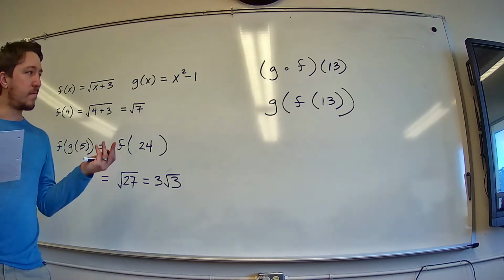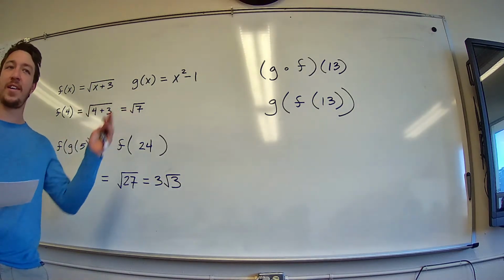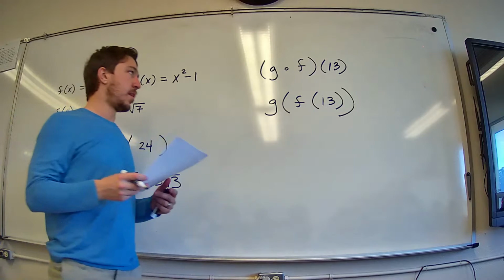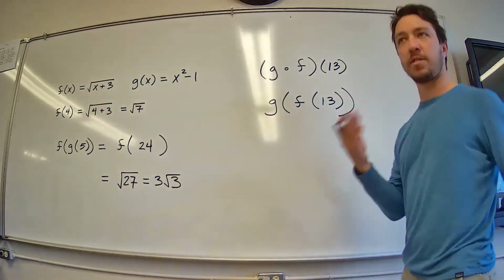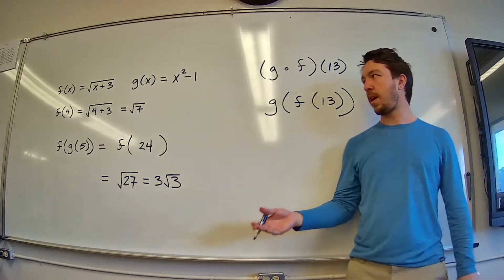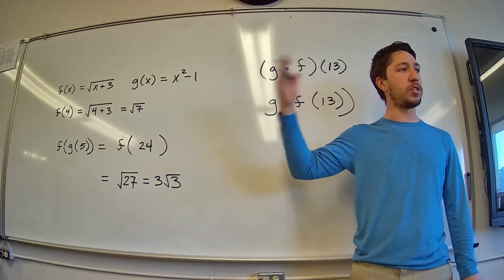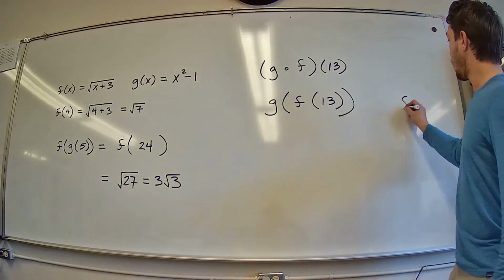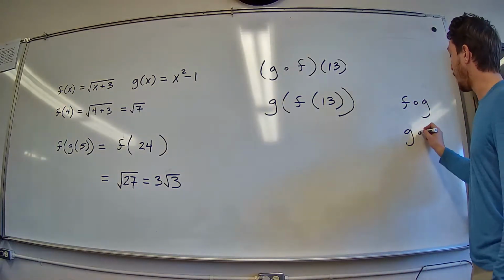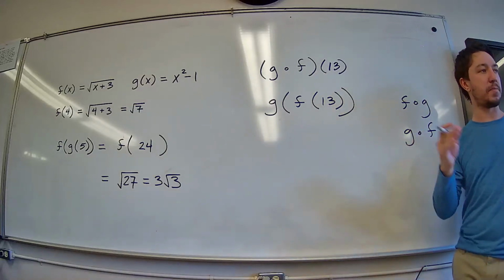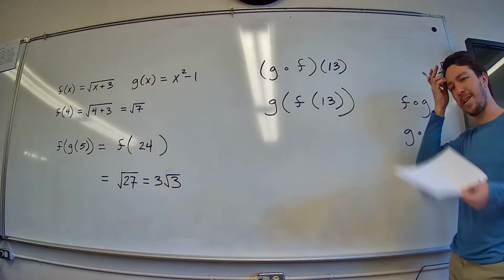If you're wondering why invent that notation, what's the point? It allows you to talk about functions sort of in the abstract. Like I can talk about f, I can talk about g, and I can talk about f of g or g of f without having to have a bunch of parentheses and stuff. So that's kind of why.